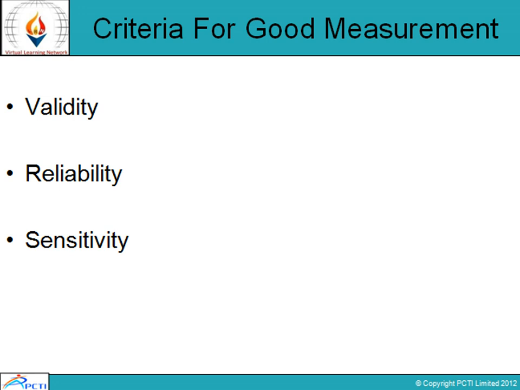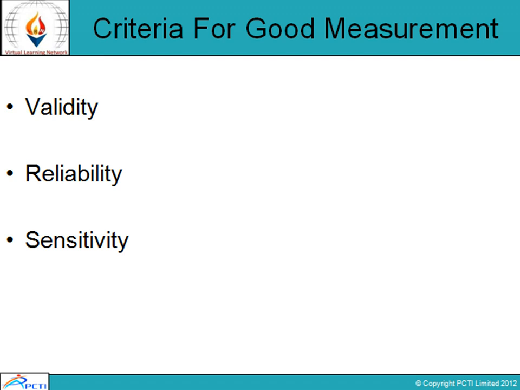The last is the criteria for good measurement. Now the adequacy of the scale is basically judged in a way as to have the measurement of acceptable quality. Now they are discussed as validity. A scale is said to be valid if it measures correctly what it is expected to measure, that is its validity.